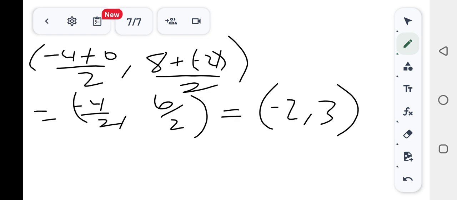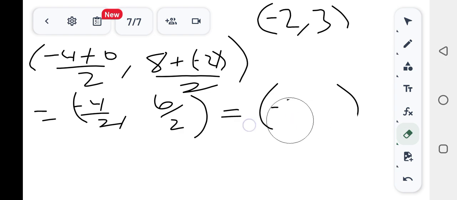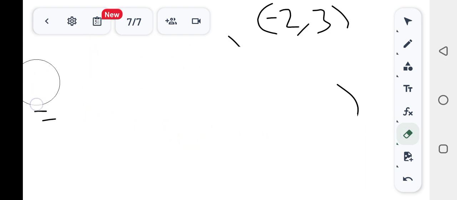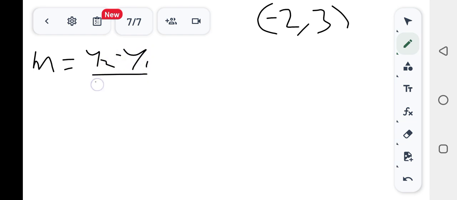Now let's find the gradient of the bisector. We know the points (-4, 8) and (0, -2), so we use them to find the gradient. I'll write this point here as (-2, 3). The gradient is m equals y2 minus y1 all over x2 minus x1.